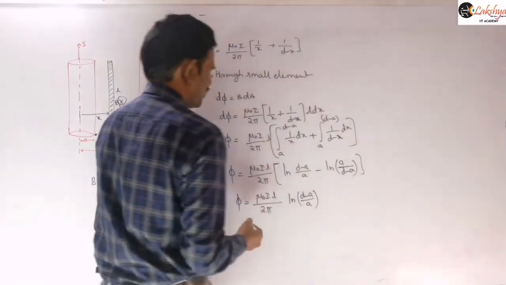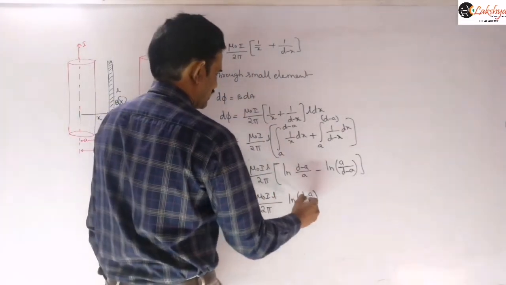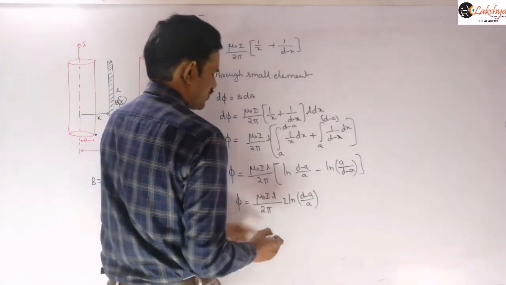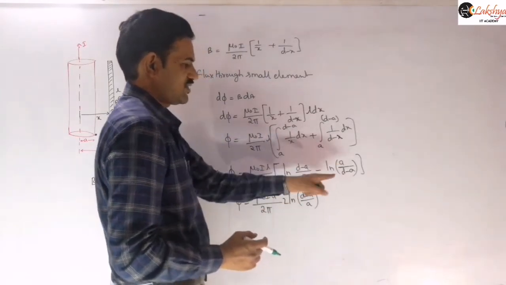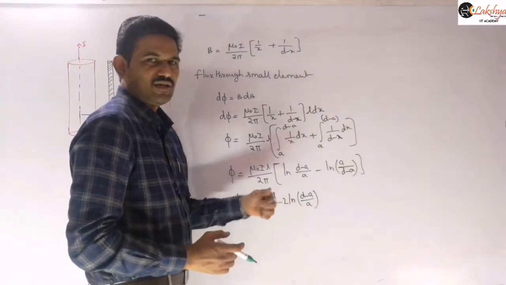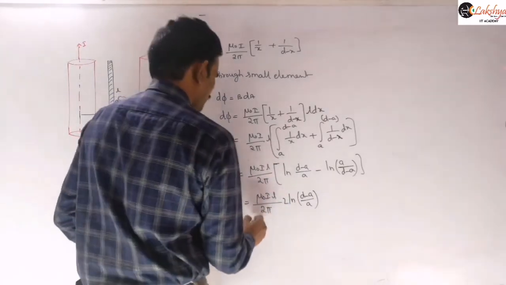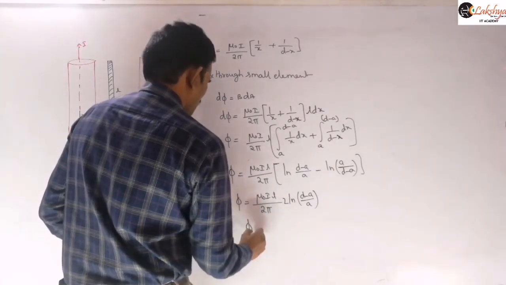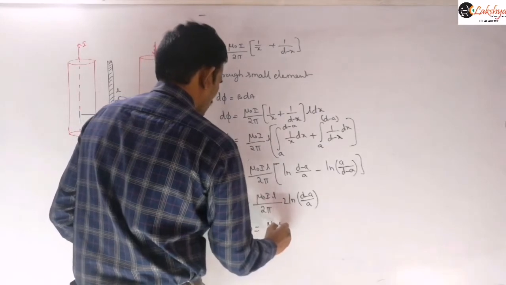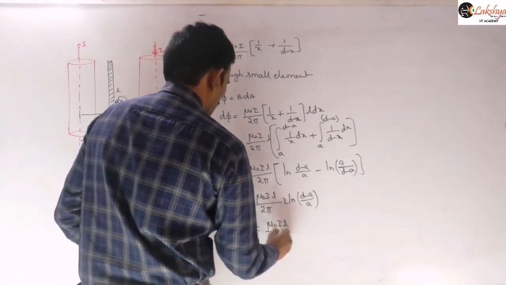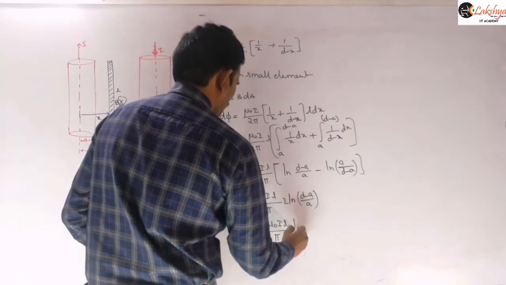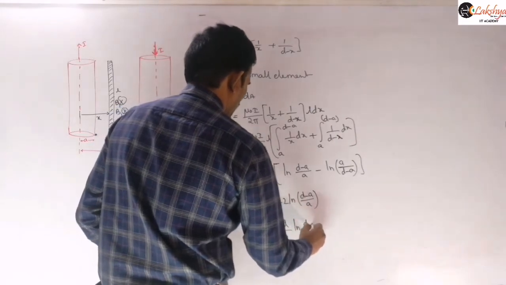Then we can write this with a 2 into, I am writing here. So this you can reverse and write it as the square of that, and then I write the 2 here. Therefore this flux you can write as mu naught I into L by pi into ln (d minus a by a).